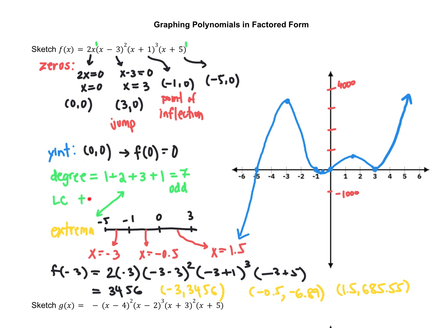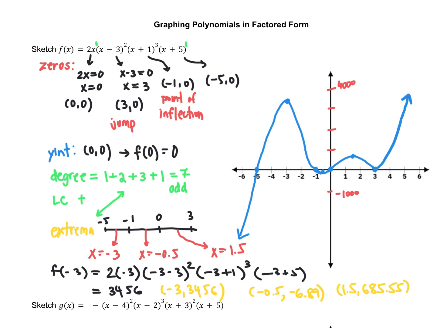Using our degree, so the addition of all of these exponents, and our leading coefficient sign, so the fact that we had a positive number out front, we were able to determine our end behaviors. It was odd, which meant that we were either going to go from a quadrant 3 to quadrant 1 type of movement, or if the leading coefficient had been negative, we would be coming from quadrant 2, ending in quadrant 4.